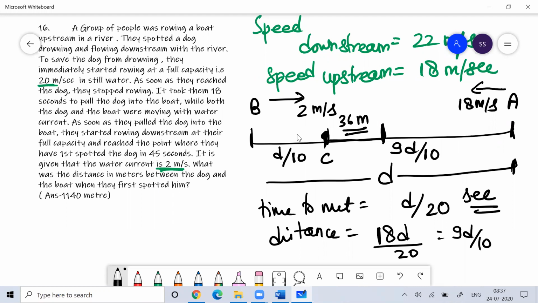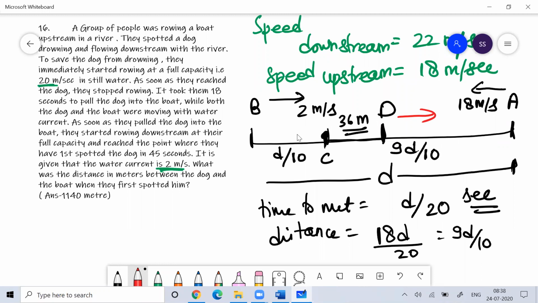Then as soon as they pull the dog, suppose they reach the point D. They pull the dog and started rowing downstream. If they move downstream, what would be the speed?